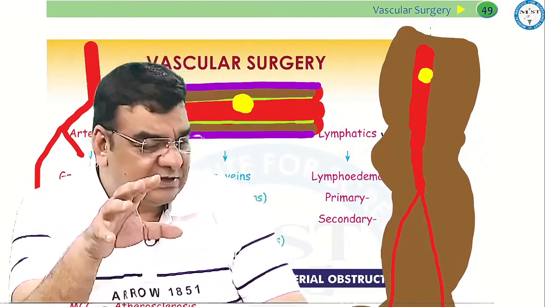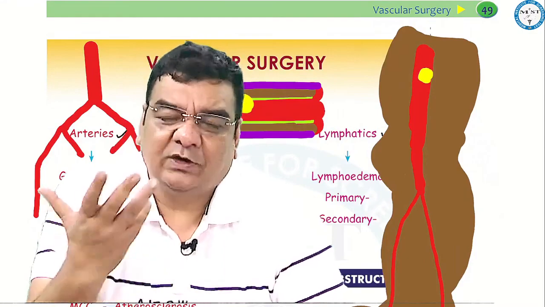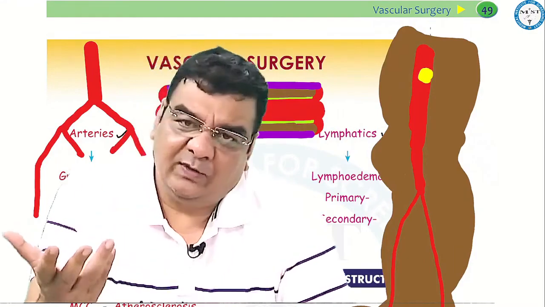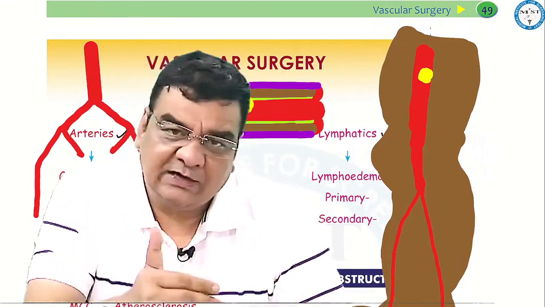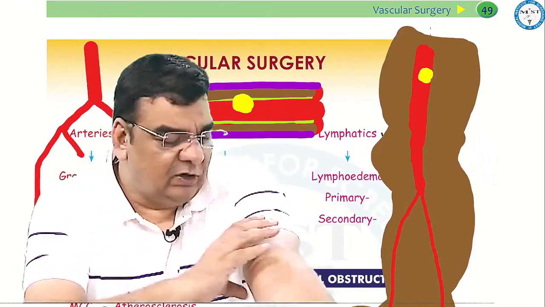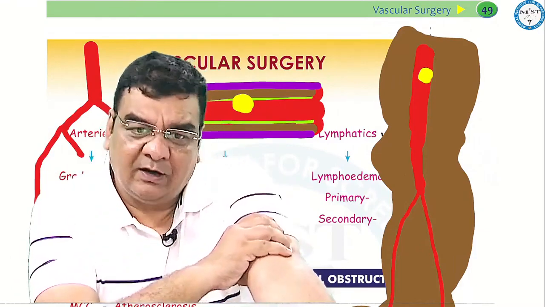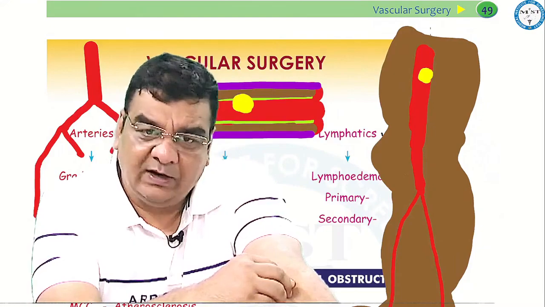Suppose I ask you, what is your blood pressure, beta? 120/80. What is your systolic pressure? 120. What is your diastolic pressure? 80.